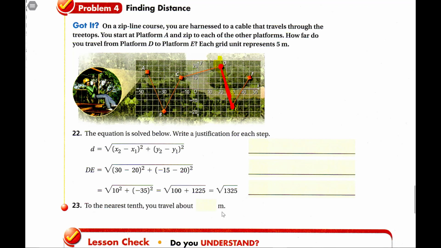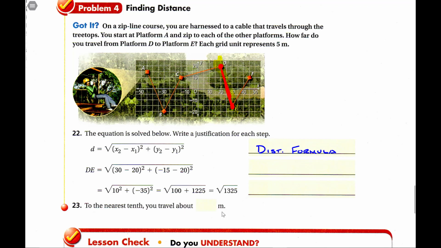So the first thing we want to do is apply the distance formula. 22 is already given to us, but that justification is distance formula. Then we're looking at segment DE is equal to the square root of 30 minus 20 quantity squared plus -15 minus 20 quantity squared.